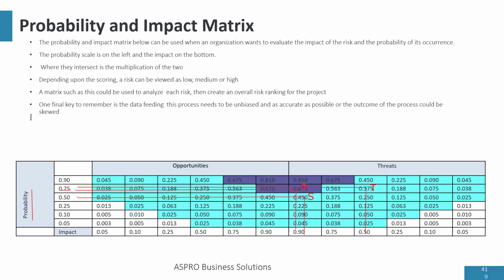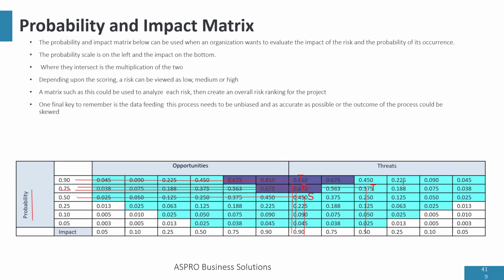In Nigeria, the probability is 0.9 and the impact is 0.9. So if nothing is done, the impact will be bad. Okay, there's one more, earthquake.